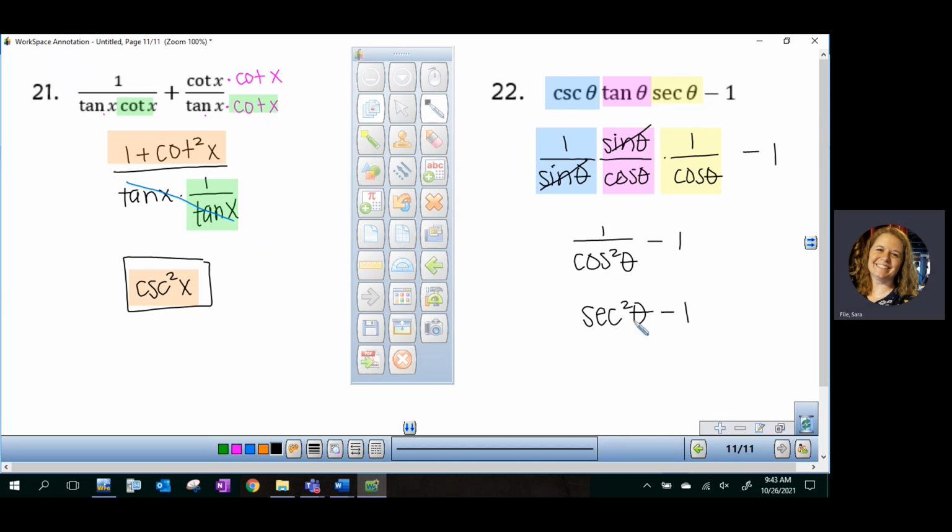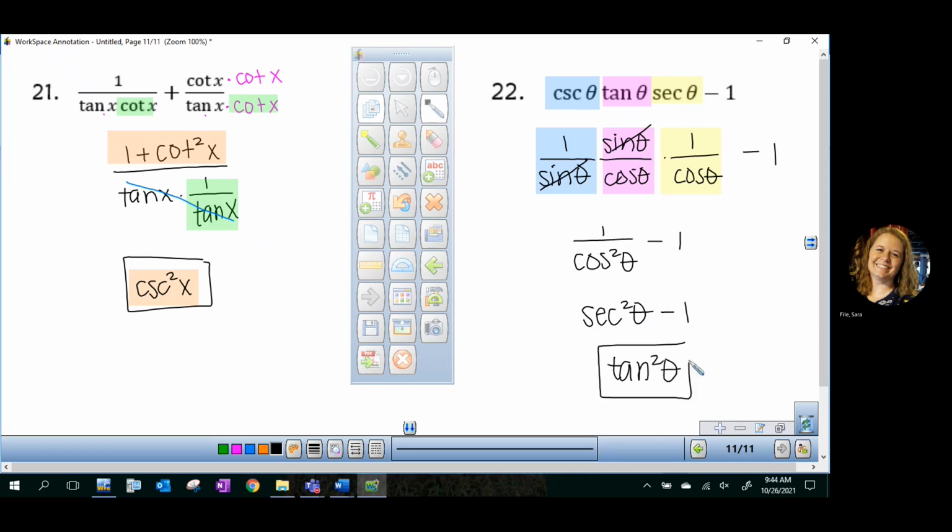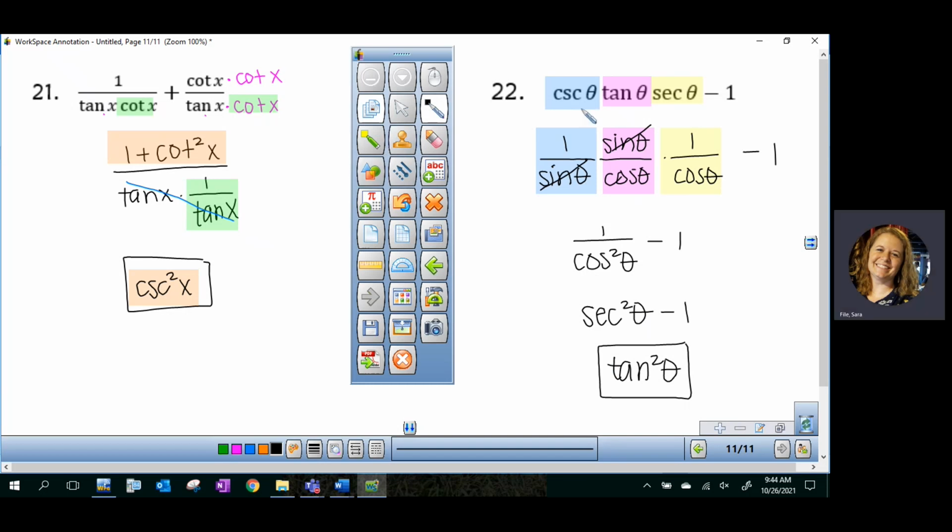What is secant squared -1? It is tangent squared. So I used reciprocal identity, quotient identity, reciprocal identity again, and then Pythagorean identity.